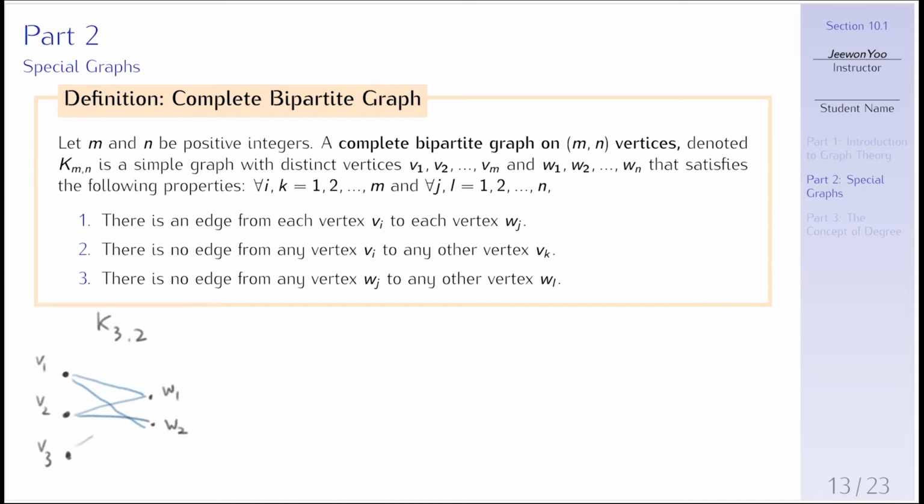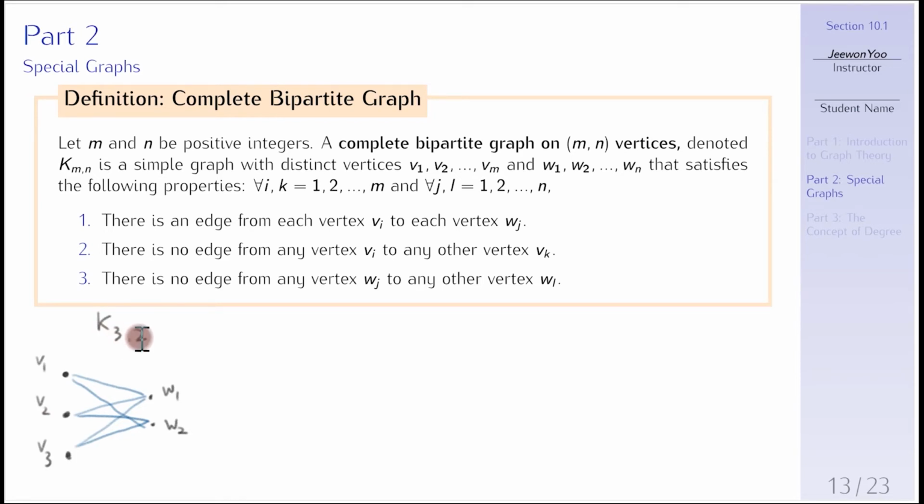Similarly, V3 with W1 and V3 with W2. But please note, W1 and W2 cannot be connected to each other, and none of the Vi can be connected to each other. So this is called a complete bipartite graph and denoted by K_{3,2}.